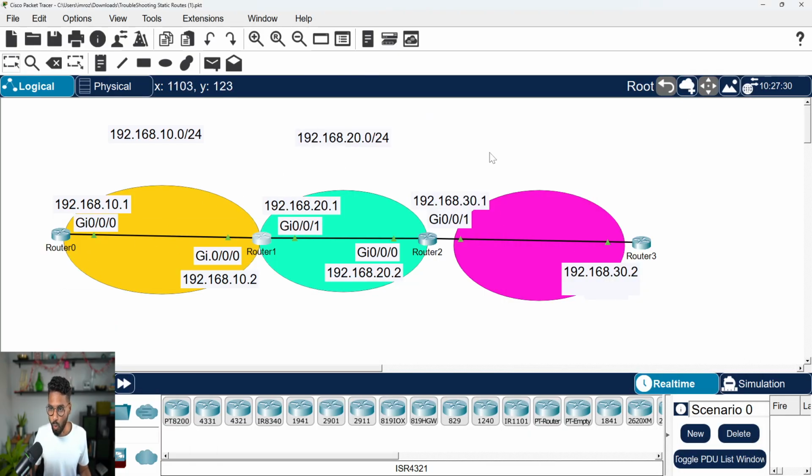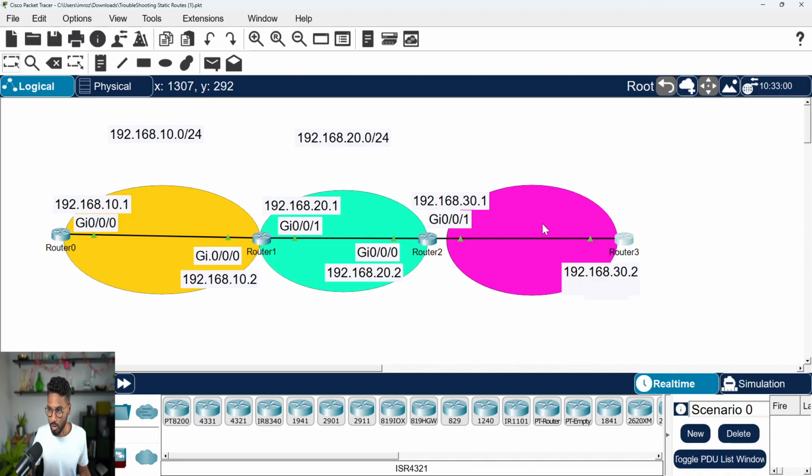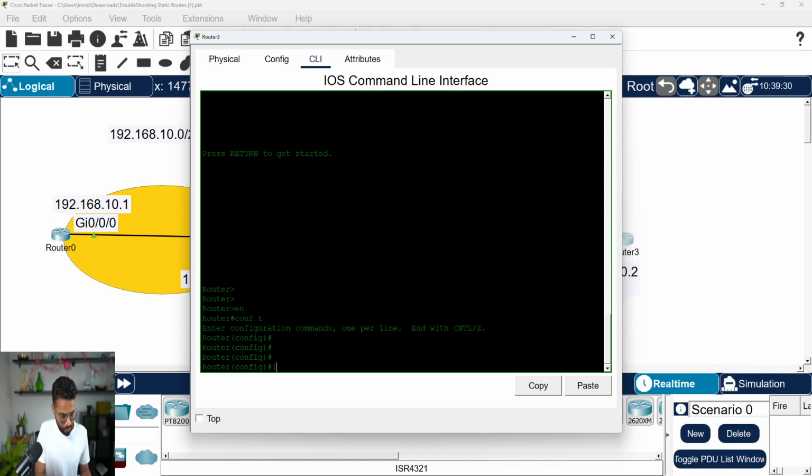So we configured it one way, but we've got to do the same thing the other way because router 3 has no idea about any of these networks. So let's start with the first one, teaching it about this particular network. Go to router 3, same enable mode, configure terminal, running the command IP route 192.168.20.0, subnet mask 255.255.255.0.